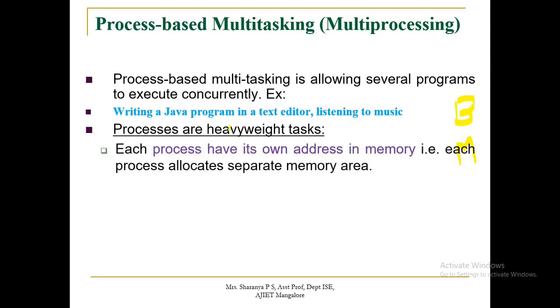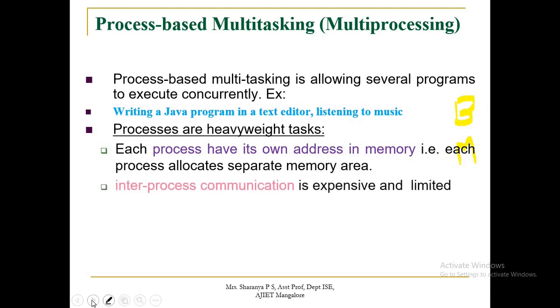Now how does it become heavyweight? When we refer to it as multiprocessing, processes have their own address in the memory. When the program gets converted into a process, it will be allocated an address in the memory. Here it is executing two different processes, so two separate memory areas will be present. That's why the memory consumption will be more, in two different memory locations.